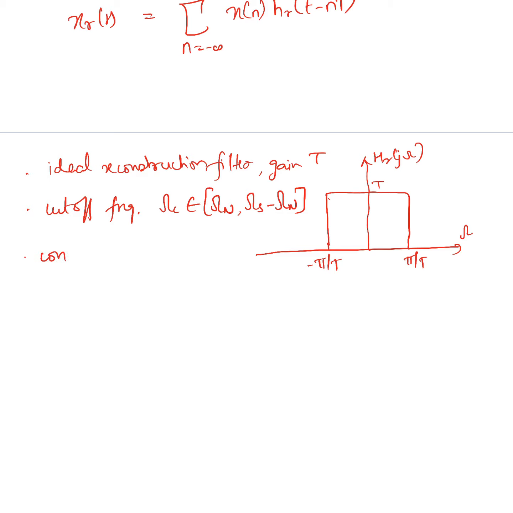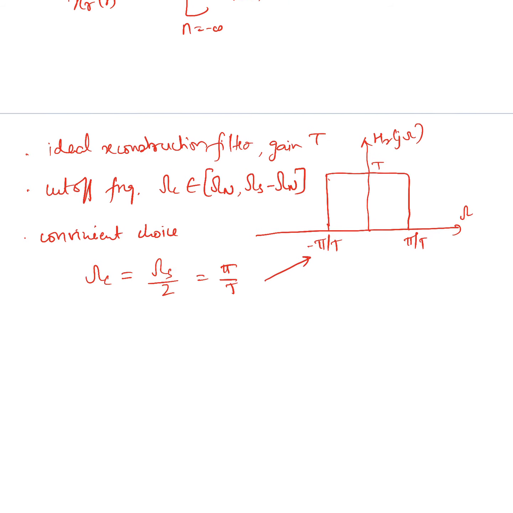So the convenient choice for selecting this cutoff frequency omega c is most of the time half of the sampling frequency, which is pi by T. That's why we have used this minus pi by T or pi by T. Okay.